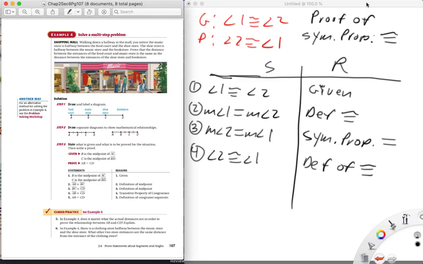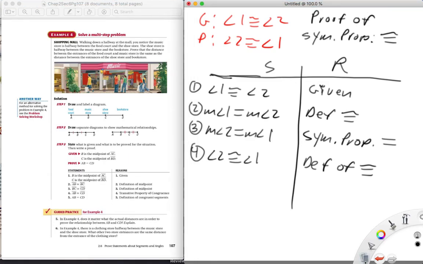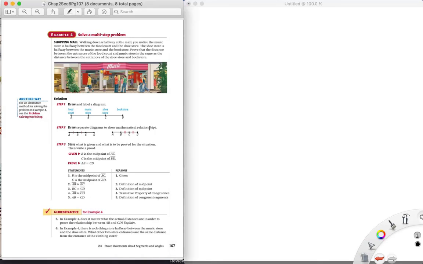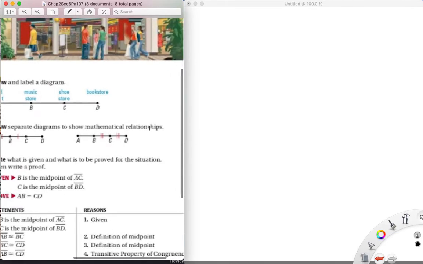Okay. So this particular property is a pretty good one. So let me explain it.